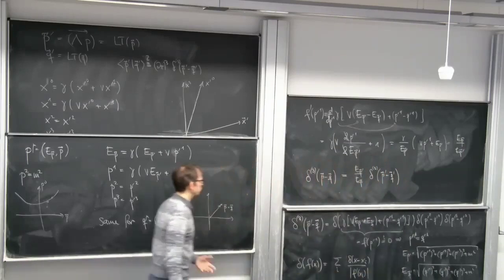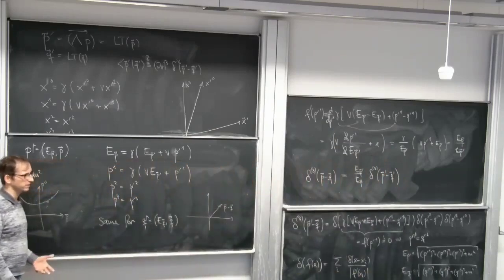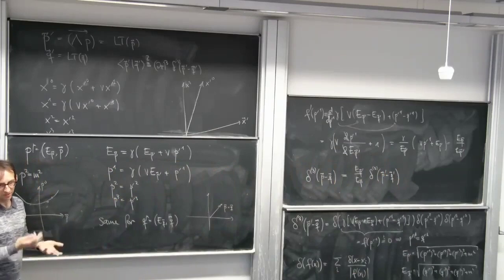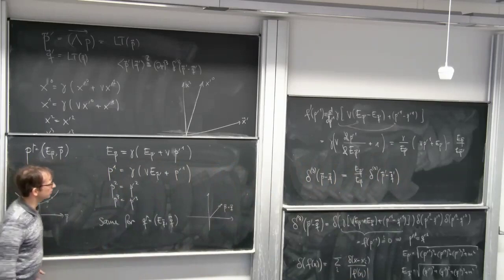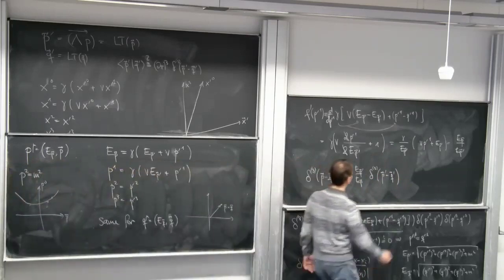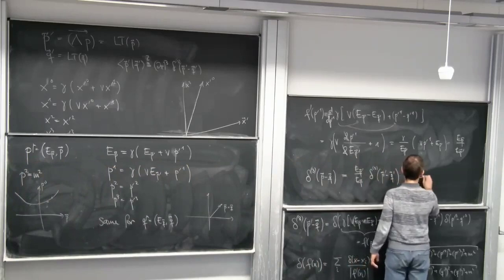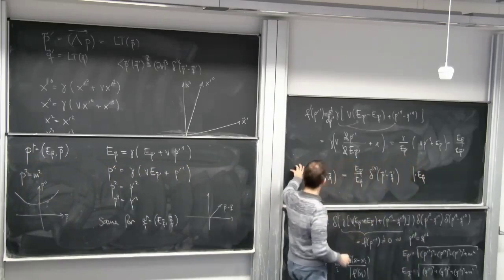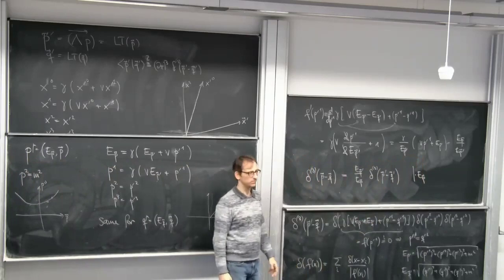There it is. And so this shows two things. First, it really isn't invariant because the factor changes. But also it tells us what is invariant. If you multiply the thing by EP, then left and right hand side look the same.